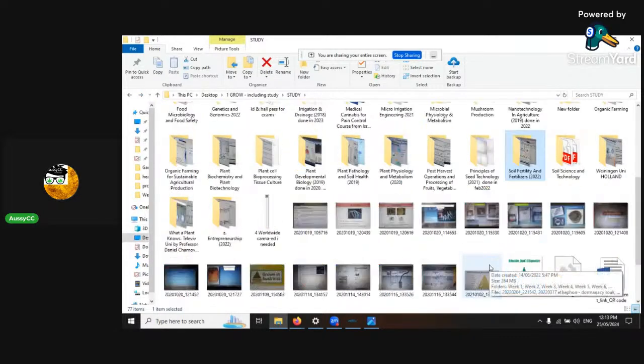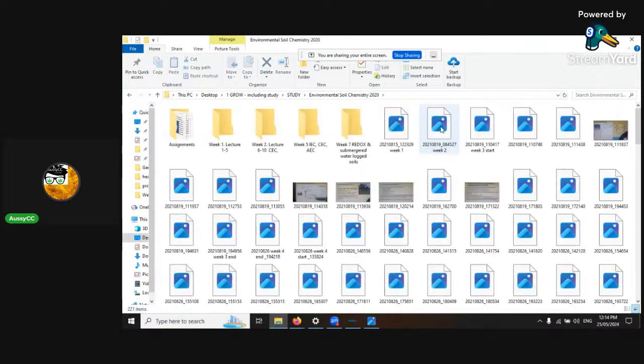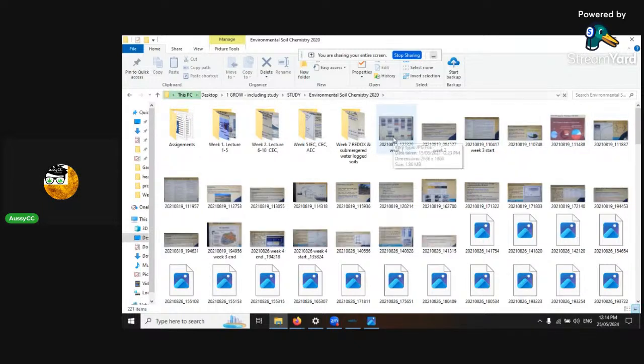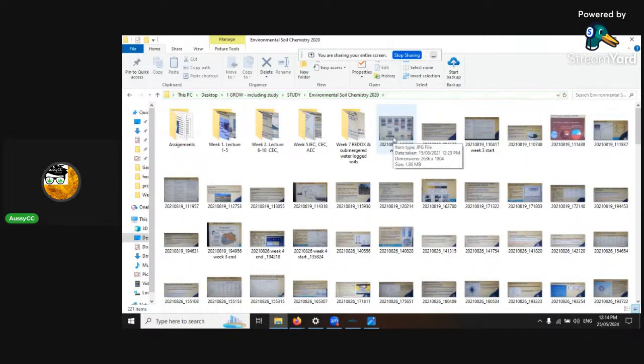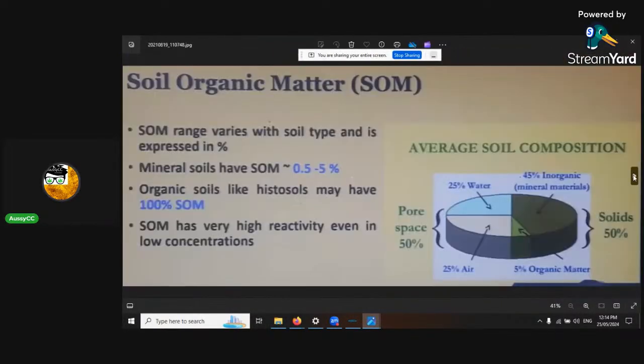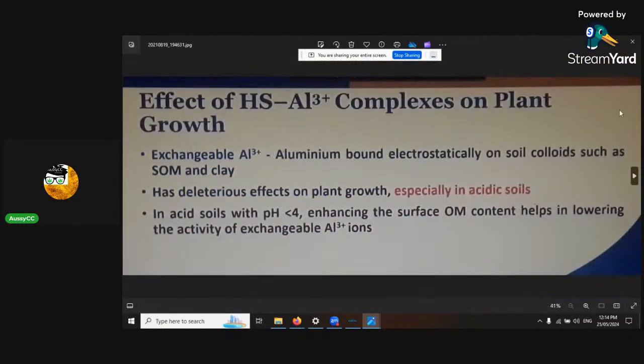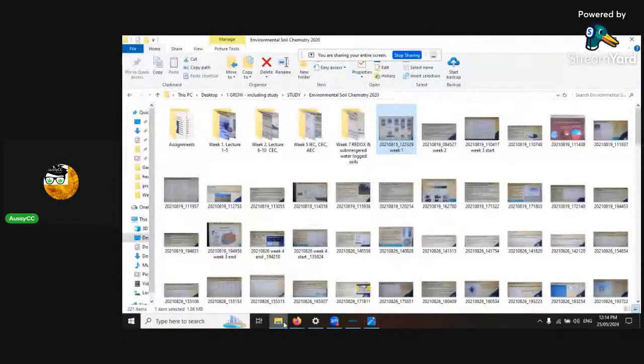What's my other soil science ones? What was the first one of? Cell biology, disease, environmental soil chemistry. There it is. It's this one, I reckon. Uh-oh. Cation exchange, it's not even close. Far out, huh? I like showing you some numbers.